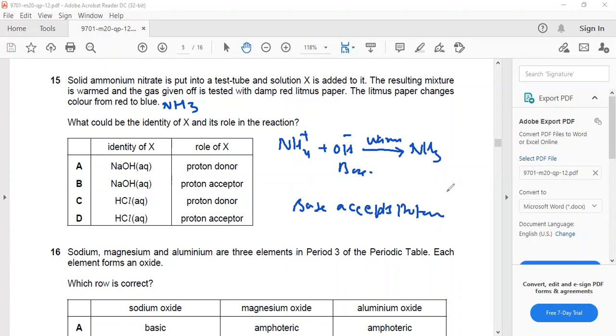So which one is correct? C and D are wrong, because acid does not react with an ammonium salt to form ammonia gas. Base accepts proton. As a short mnemonic, I ask students to memorize BAP BAP: base accepts proton. So B is the answer.